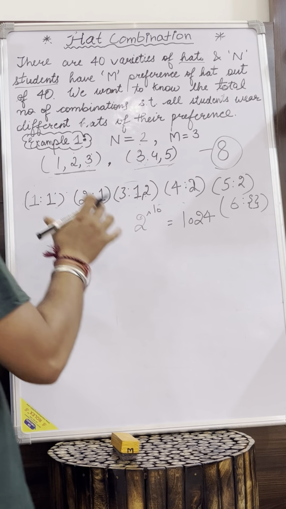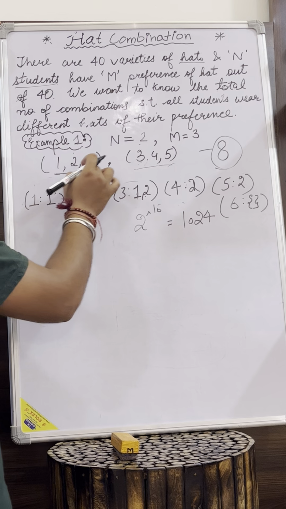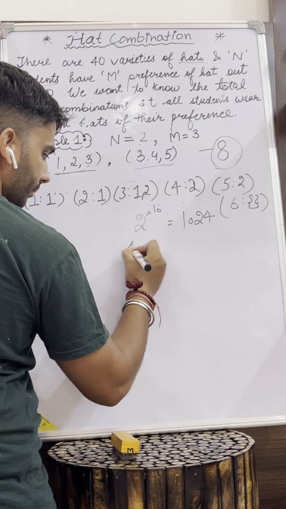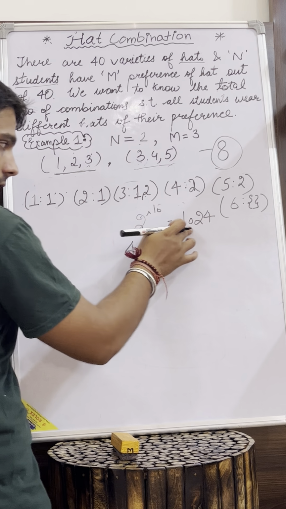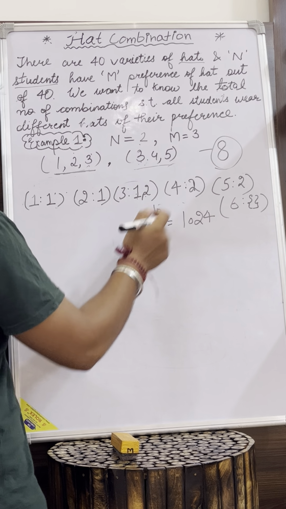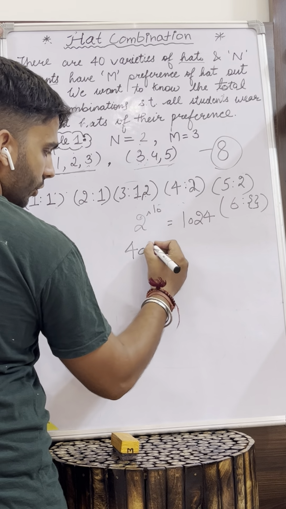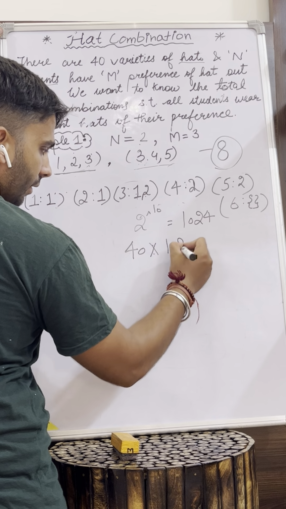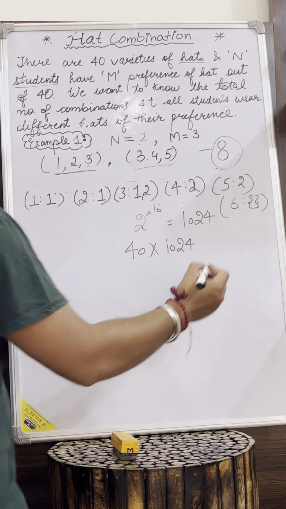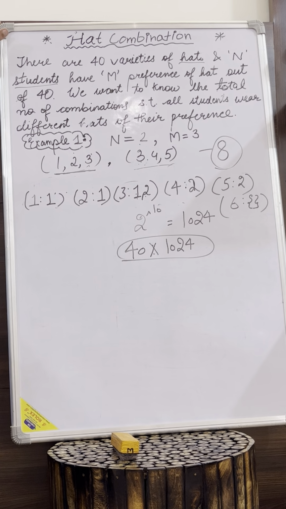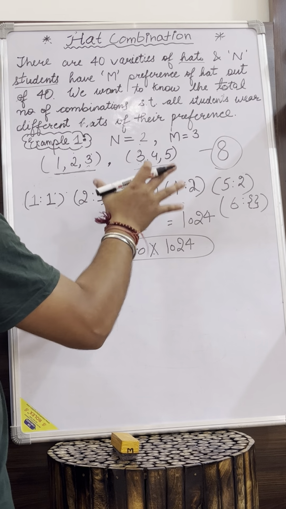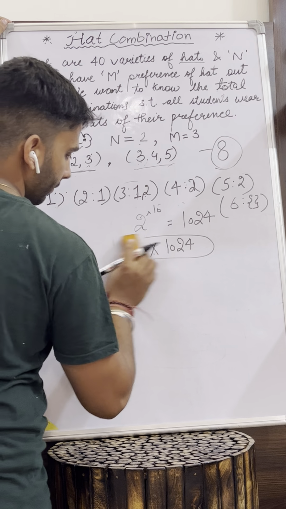So if we trace through each and every possible hat, that is 40, at each hat we find all the possible scenarios. There can be a total of 1024 scenarios, right? So this is our overall complexity if we achieve this with the help of this binary approach, right?